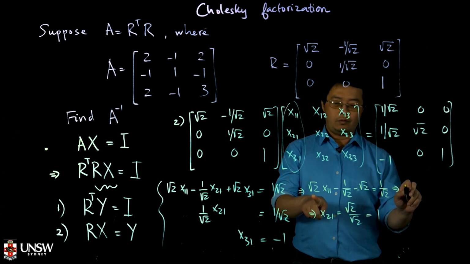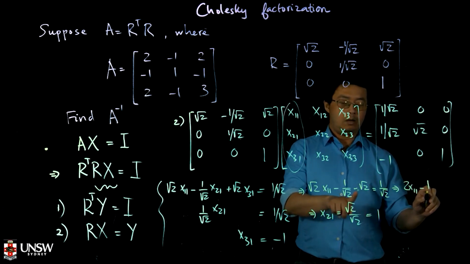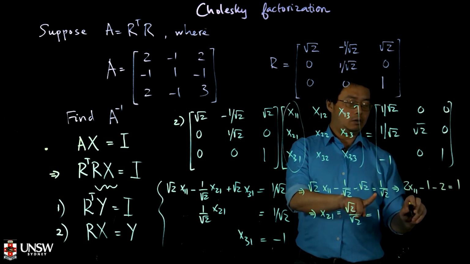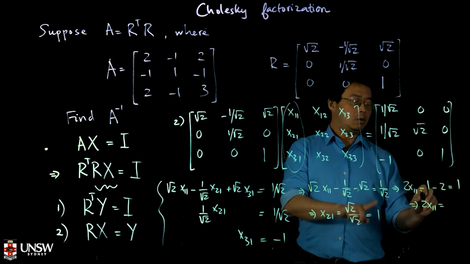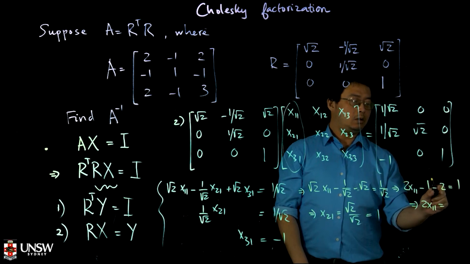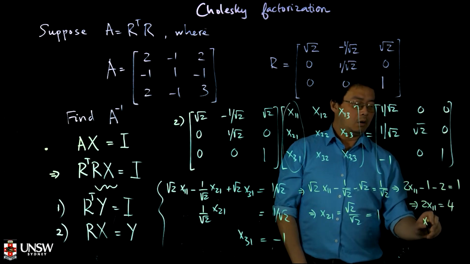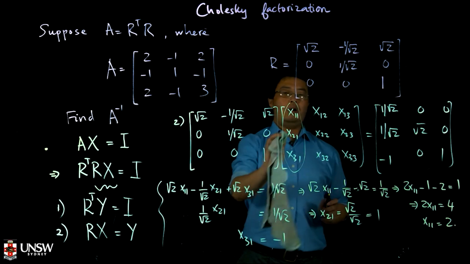Then I have 2 X11 minus 1 minus 2 equals 1. So 2 X11 minus 3 equals 1, so plus 3 gives 4. So X11 is just equal to 2.